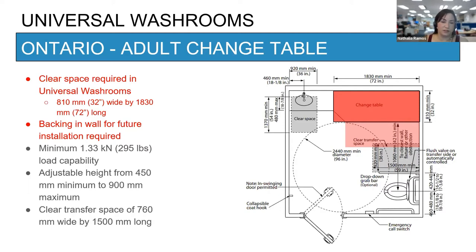Some other requirements: the load capacity has to be at least 295 pounds, the adjustable height from 450 to 900 maximum. And also on the side of the auto change table, you have to have a clear transfer space of 760 wide by 1500 long.